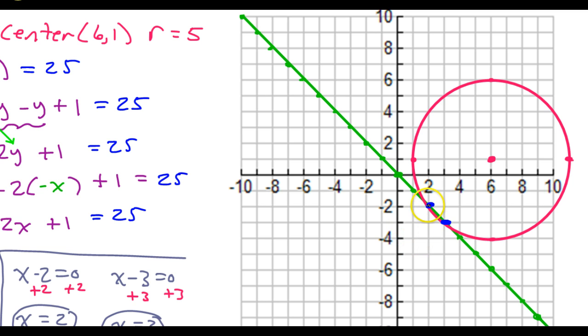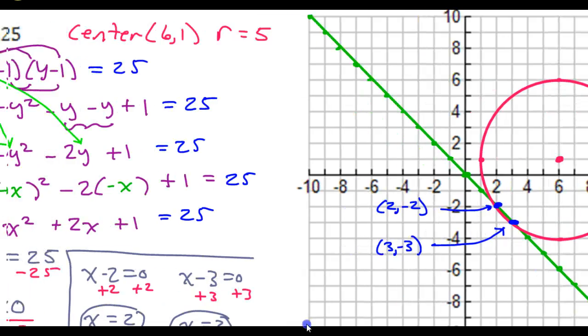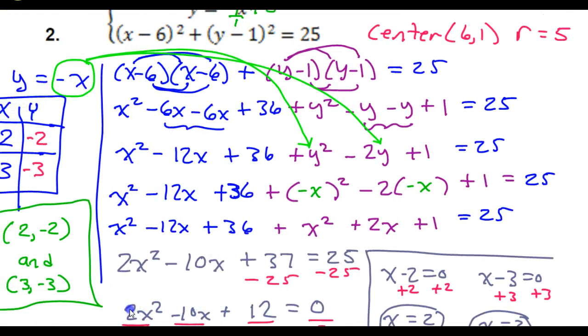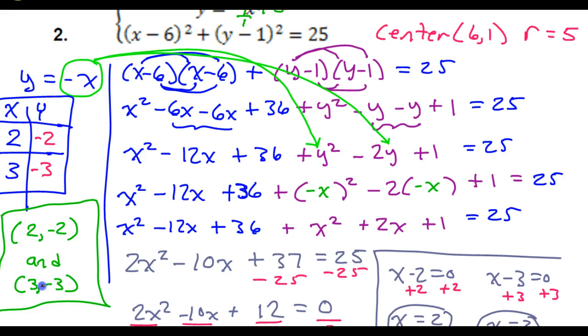Okay, so this first one right here is the point 2 comma negative 2, and then this point right here is the point 3 comma negative 3. Alright, how does that match up with what we found algebraically? Oh yeah, 2 comma negative 2 and 3 comma negative 3.